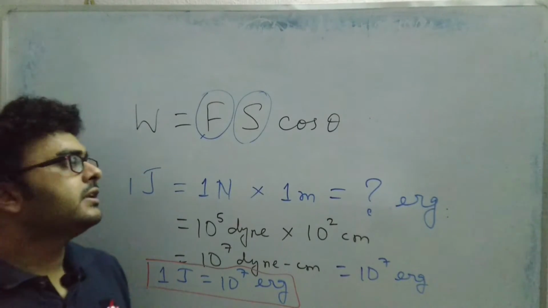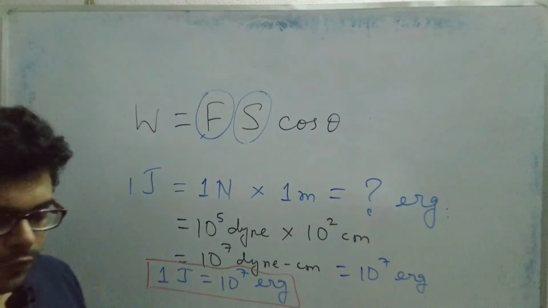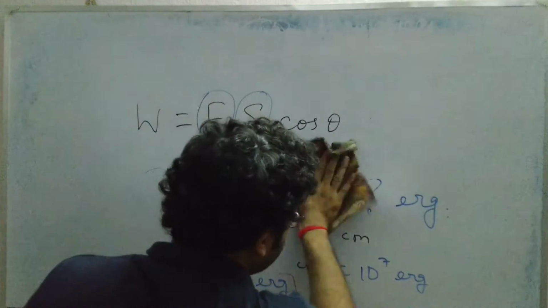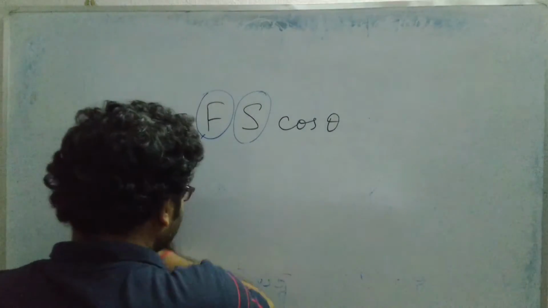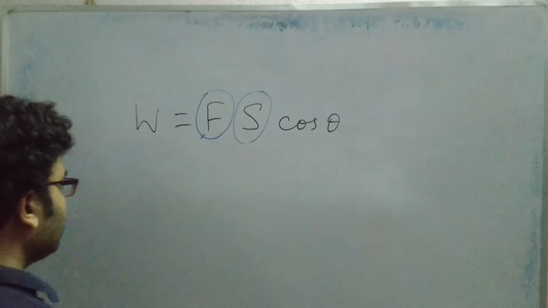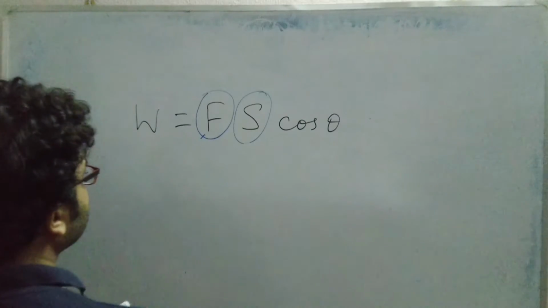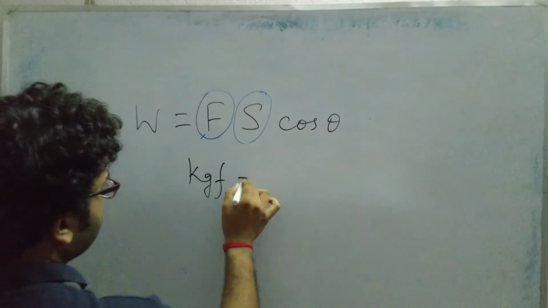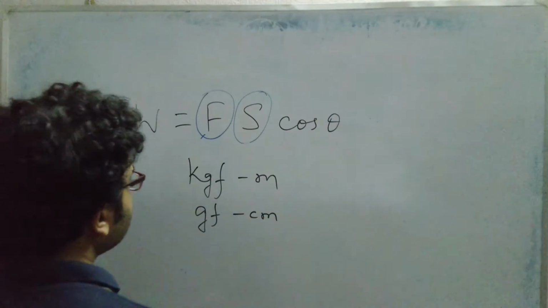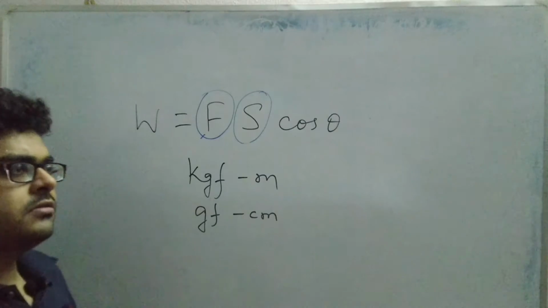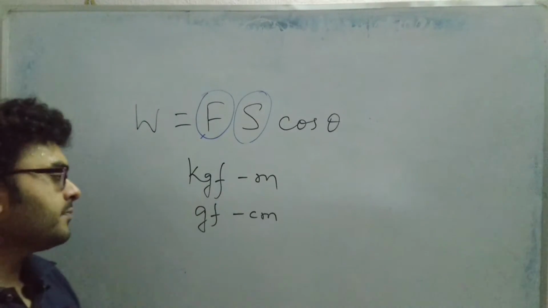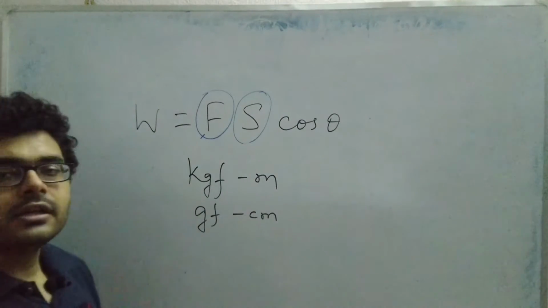If we consider the force in the gravitational units, that is kgf, then the unit of work can also be written as kgf meter or gf centimeter. So by now I hope the various units of work are known to you all. Now let us move on to the next topic.